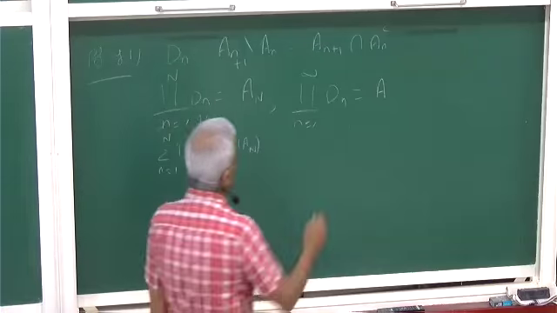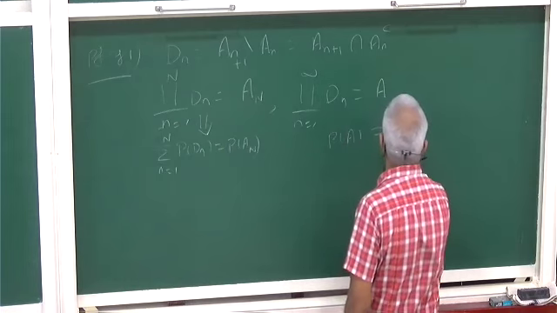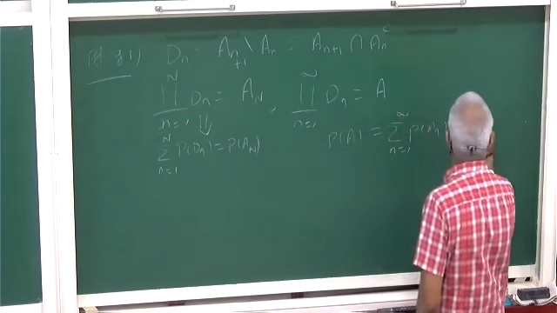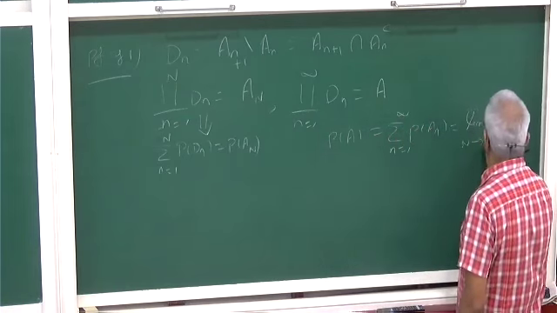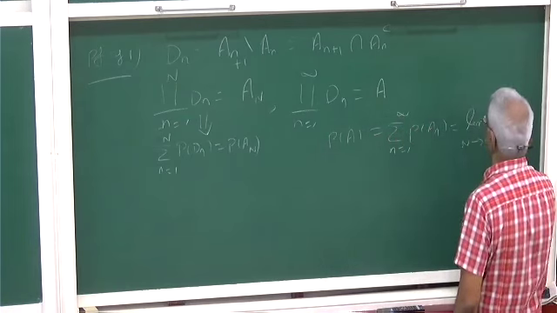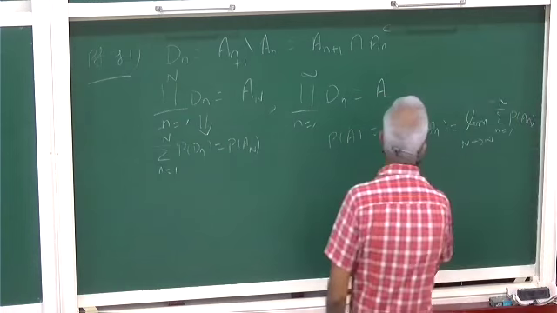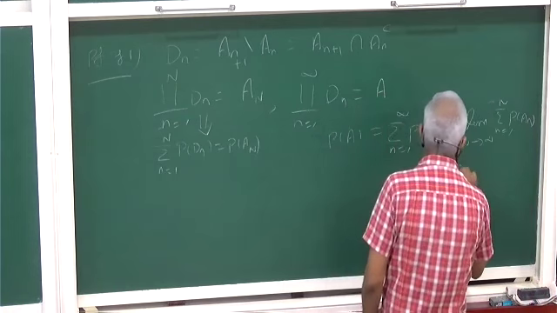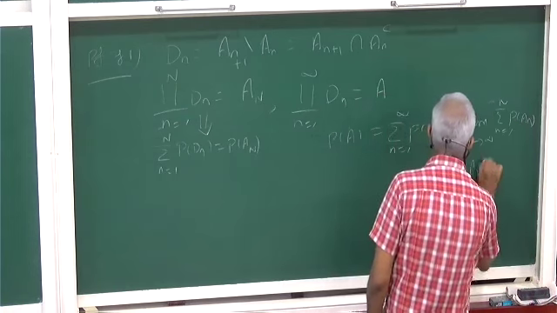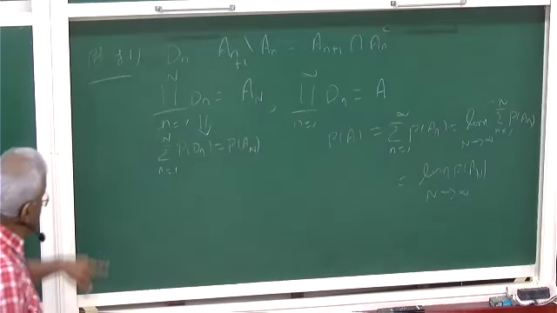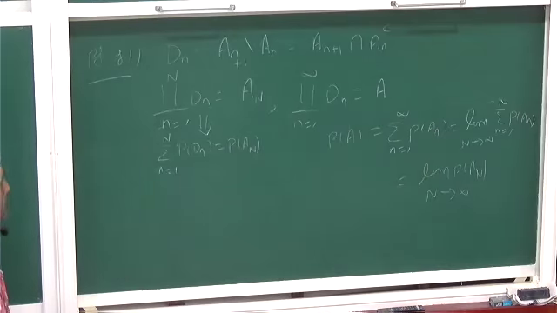This implies P of A equals the summation, n equal to 1 to infinity, of P of D_n, which is equal to the limit as n goes to infinity of the summation from 1 to n, and this is equal to the limit of P of A_n, as n goes to infinity. Right? That's all. We have just used that there. So we have proved it.